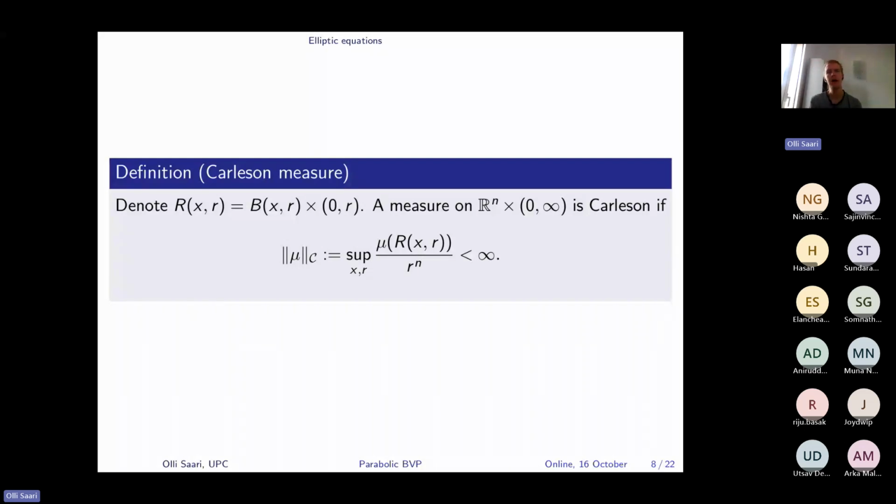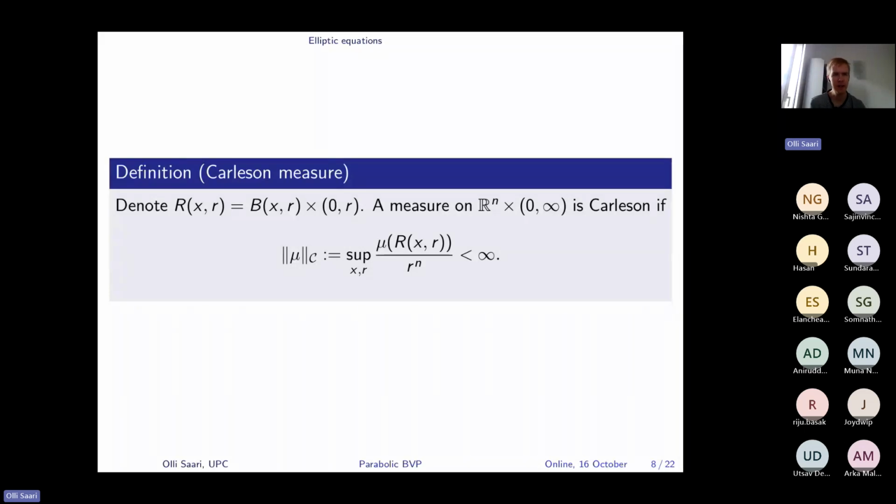So now if we look at this gradient of A, which was bounded by 1 over t, and we take the measure dx dt over t, and we compute that measure of a Whitney box, we will see that it will be the n-dimensional measure of the ball B. But if we try to compute the measure of the Carleson box, we have blow up, because 1 over t is not integrable down to 0.